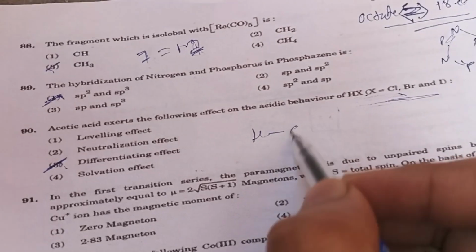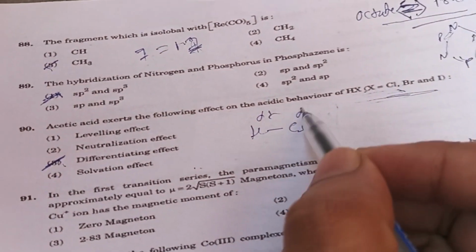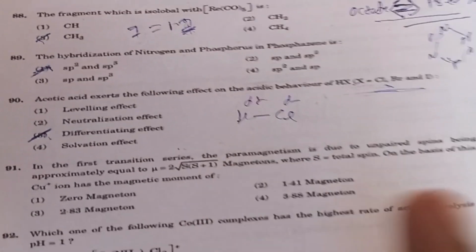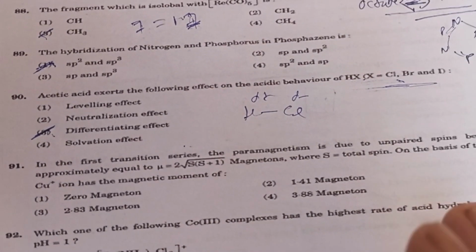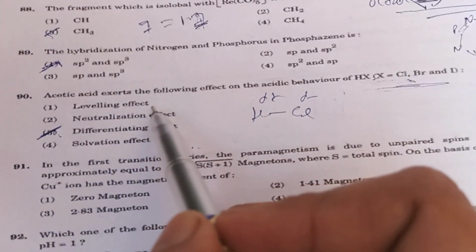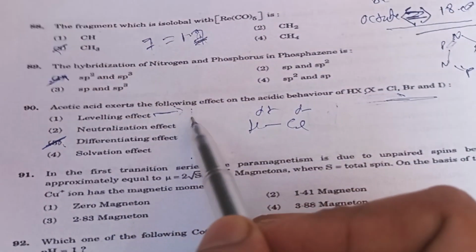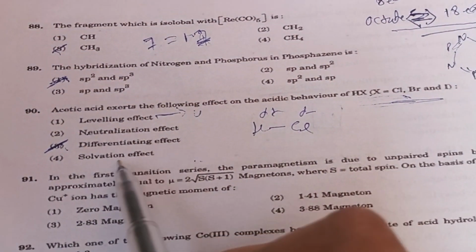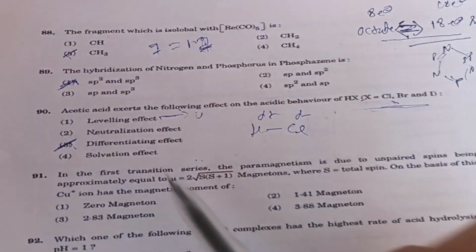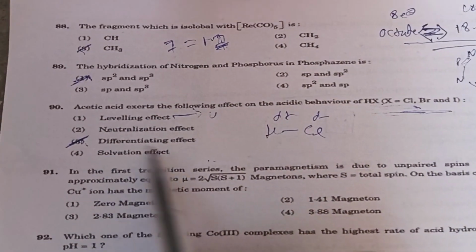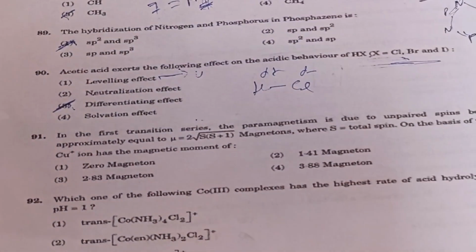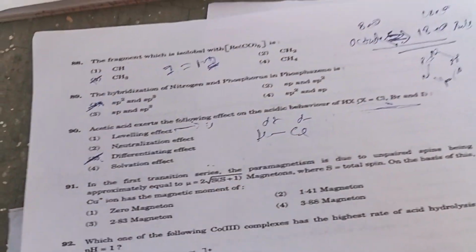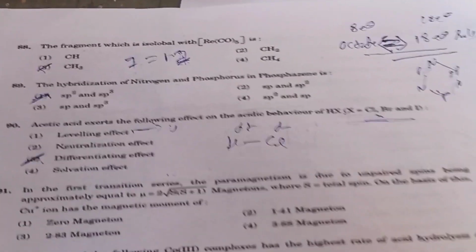Here HCl will dissociate completely into H plus and Cl minus, but CH3COOH, which is acetic acid, will not dissociate completely. So HCl will show the leveling effect, but it is not a neutralization effect, and it is not a solvent effect, which would be water. The differentiating effect will be shown by acetic acid, which differentiates between the strong acid and the weak acid when we put it in water.